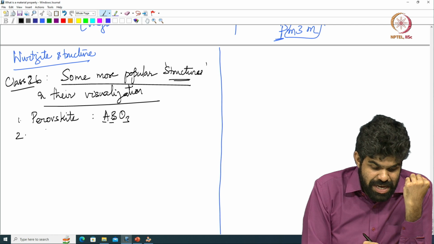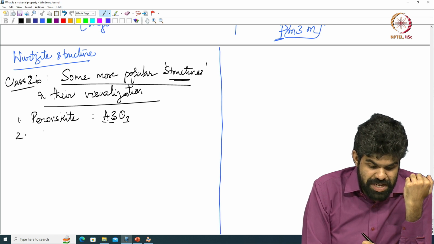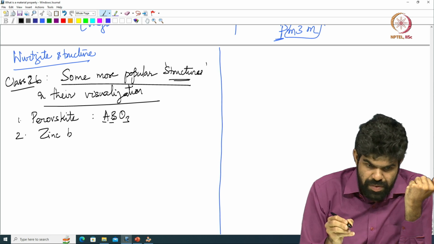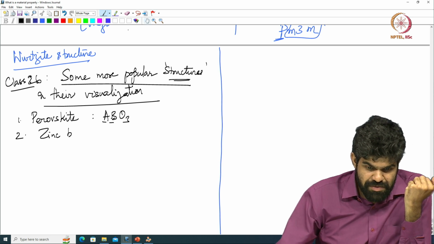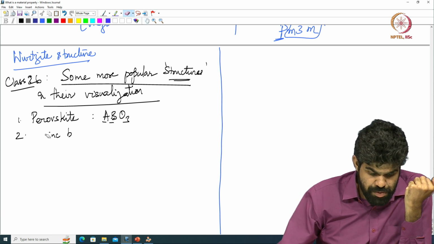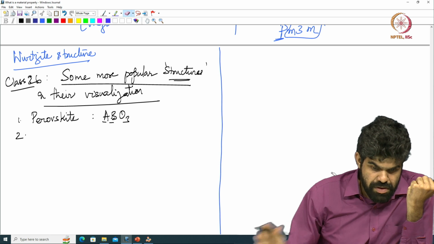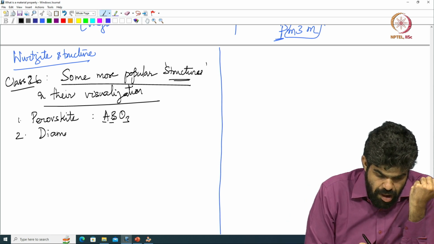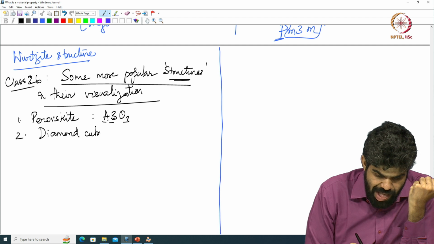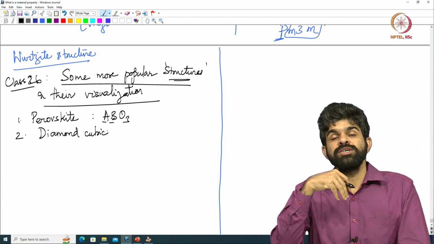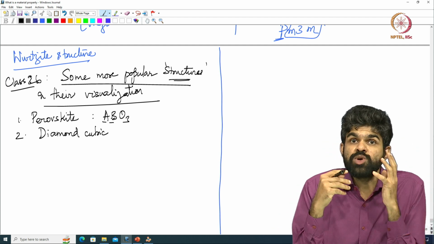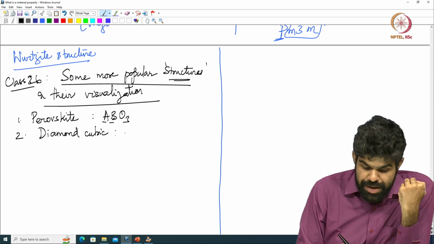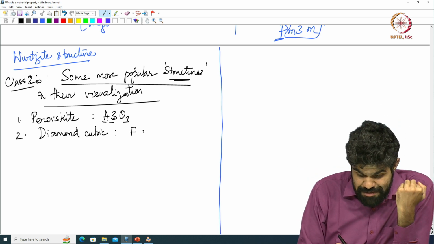Similarly, in the previous class we were looking at zinc blende structure. Okay, so before zinc blende we were actually looking at diamond cubic structures. Now diamond cubic, silicon or germanium or diamond itself, right. So take the diamond cubic structure, and they have a space group of Fd3 bar m.